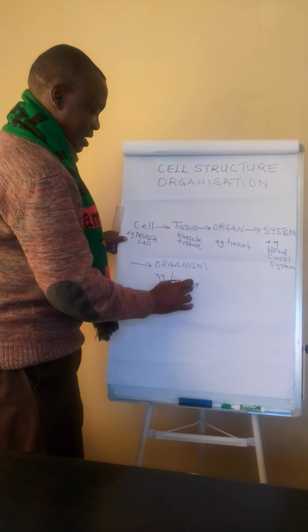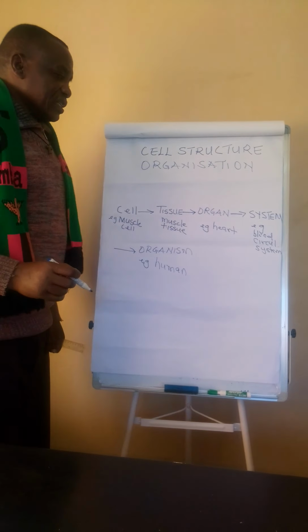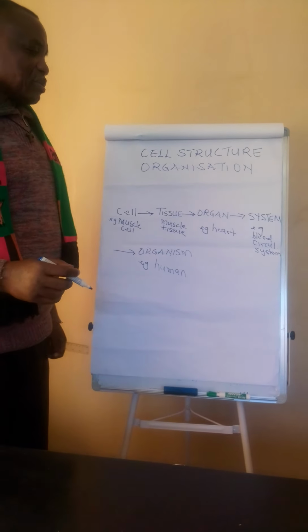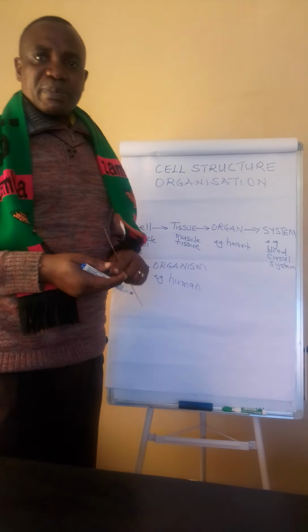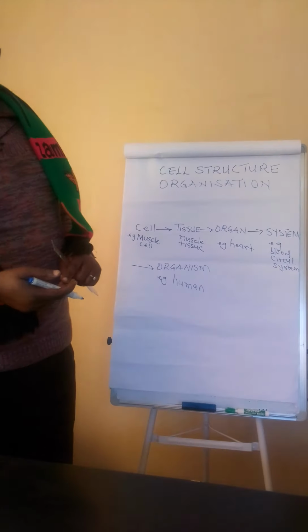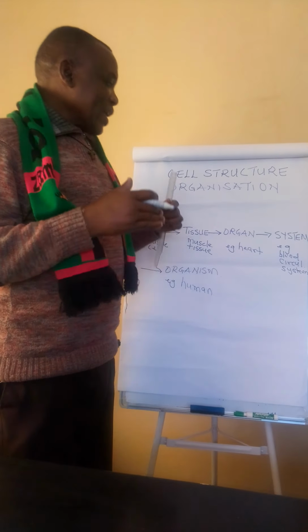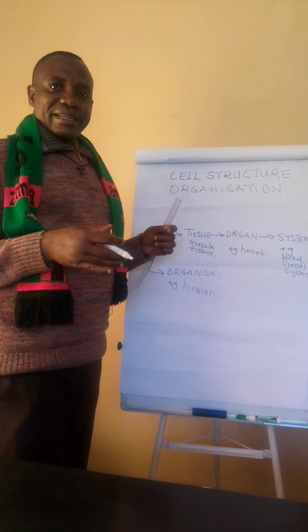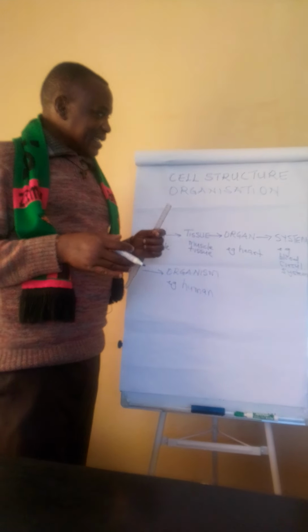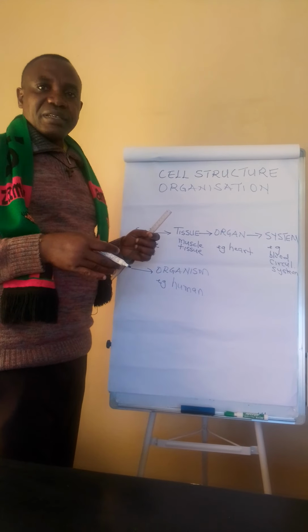You will find that as a complex organism, as human beings, we are made up of different types of body systems: reproductive system, excretory system, respiratory system, okay, digestive system, okay, and all these systems work together to form this structure we call an organism, you and me. And that is cell structure organization.